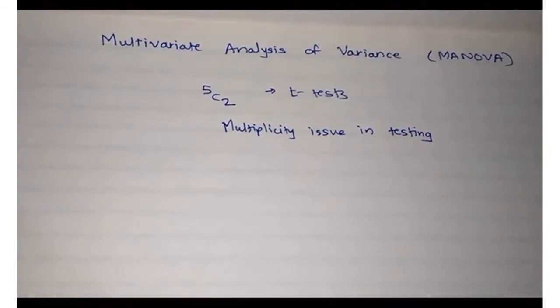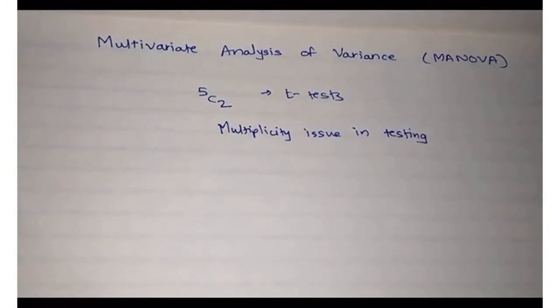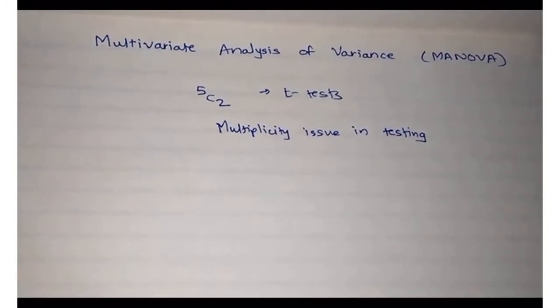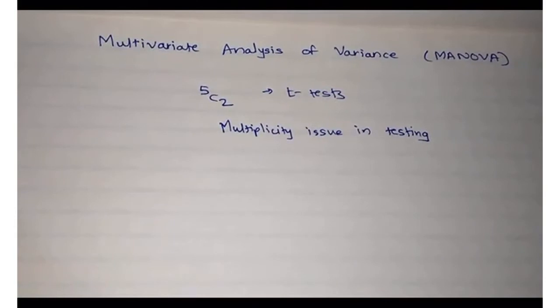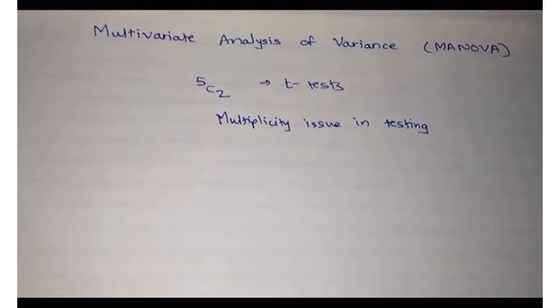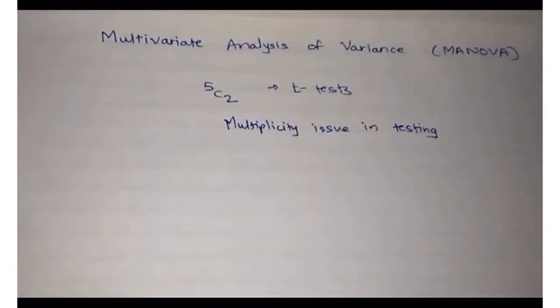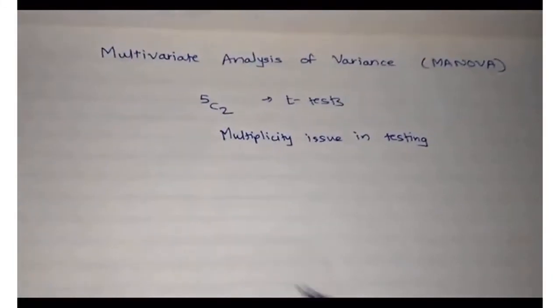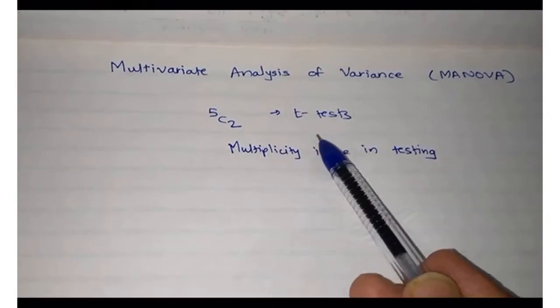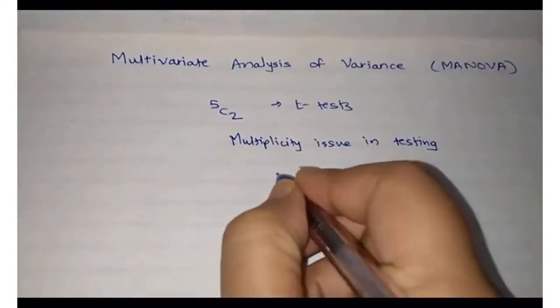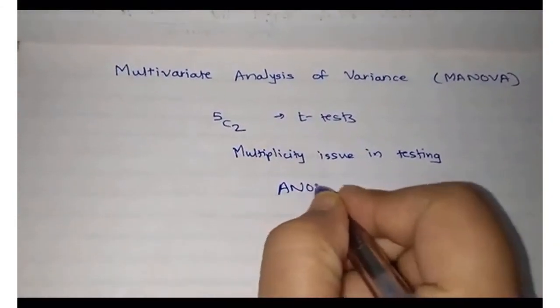So the number of errors, number I am saying, not the proportion, goes on increasing as the number of tests goes on increasing. Hence, generally it is not advisable to conduct multiple tests simultaneously. Hence, people thought that instead of conducting 5 choose 2 t-tests, can I have one test? And that's why ANOVA came into the picture.